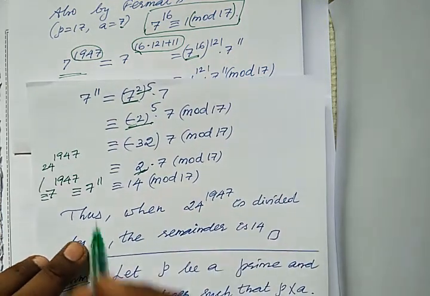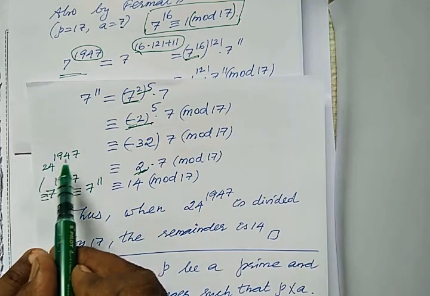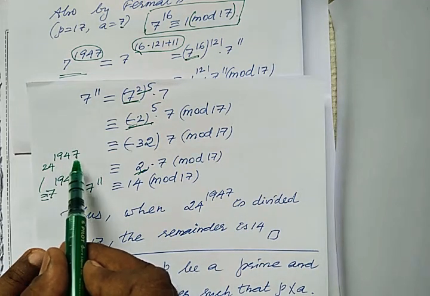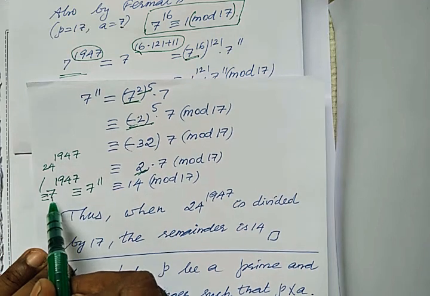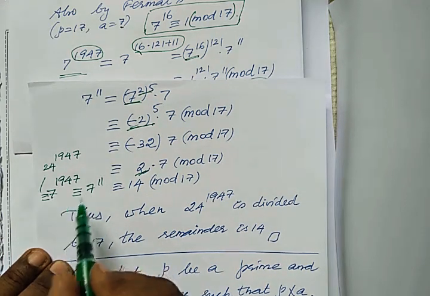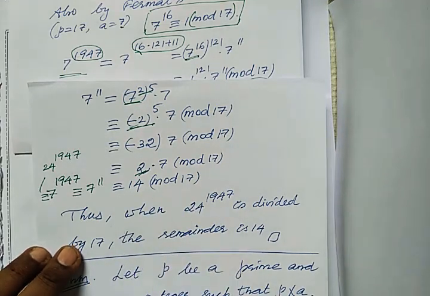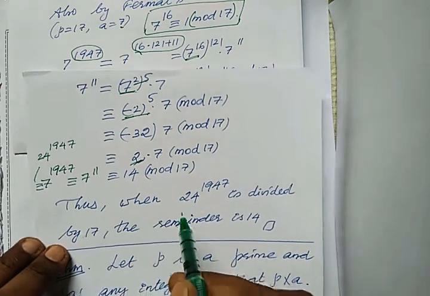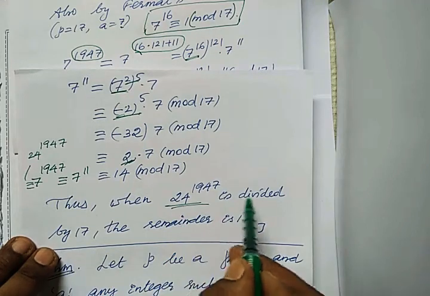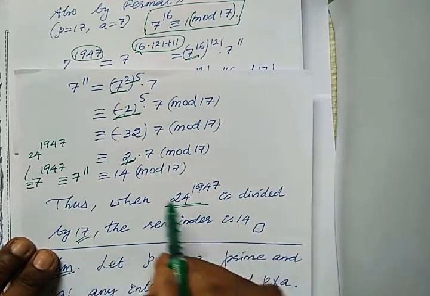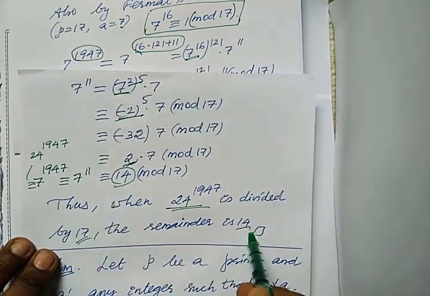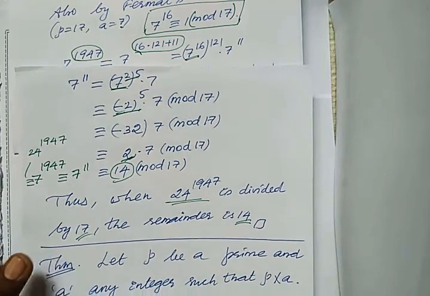So we have got 24 to the power 1947 is congruent to 7 to the power 1947 is congruent to 7 to the power 11 is congruent to this modulo 17. So when this is divided by 17, we get the remainder 14.